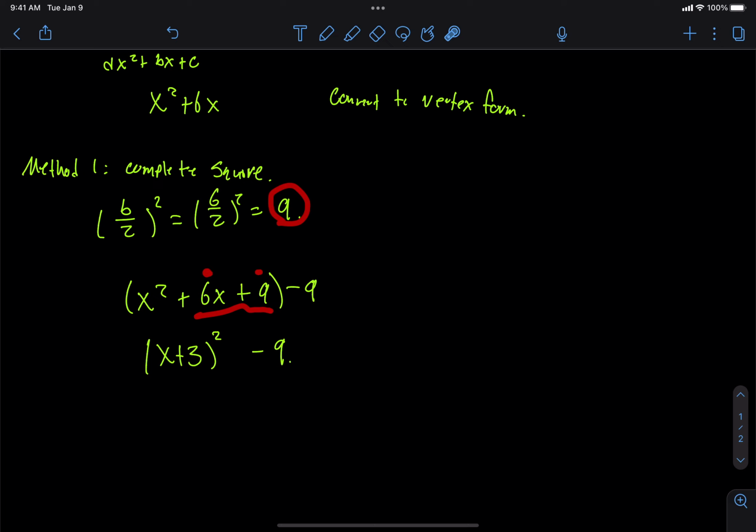The whole reason that I chose 9 was because if I take the middle b value, divide it by 2 and square it, I'll get a number whose square root is half of the b value. So if you add it to itself, you get the b value, and if you multiply it with itself, you get this number which we specifically chose to add and subtract. So this tells us that the vertex is where?